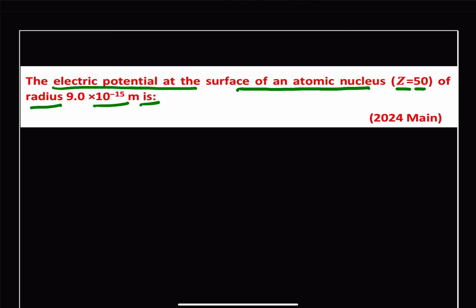So this is directly based on the formula, and we know that the potential is given as KQ upon R. And here we only need to find our Q. Z is given to us, Z multiplied by the charge on one electron, that will be our Q. So we can write that V will be equal to K Z multiplied by E divided by R.